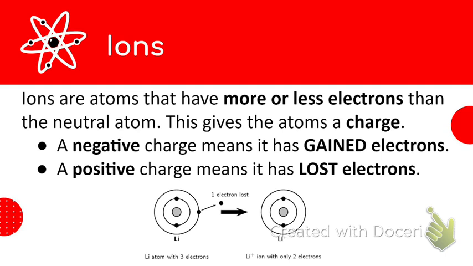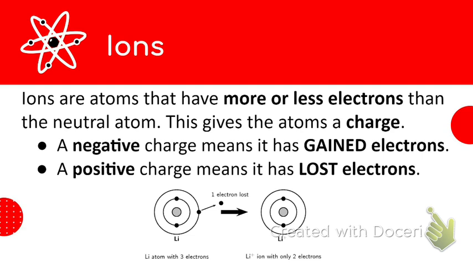Now, what happens is that if it has a negative charge, it means that it has gained electrons. So remembering that electrons are negatively charged, whenever those get added to an atom, they're going to become more negative. So we're adding negativity to our atom.